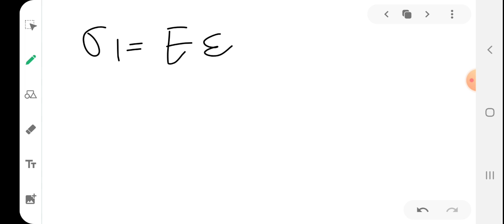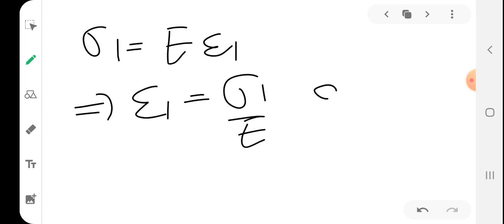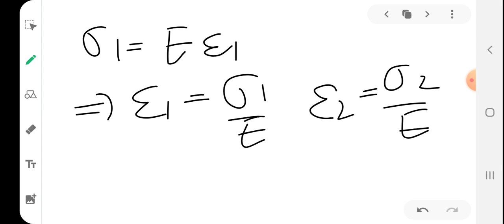So we can substitute. We know that sigma 1 equals E into epsilon 1, Hooke's law. So epsilon 1 is nothing but sigma 1 by E. Similarly, epsilon 2 will be sigma 2 by E, where E is Young's modulus.